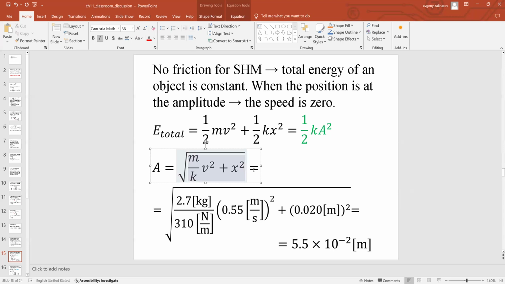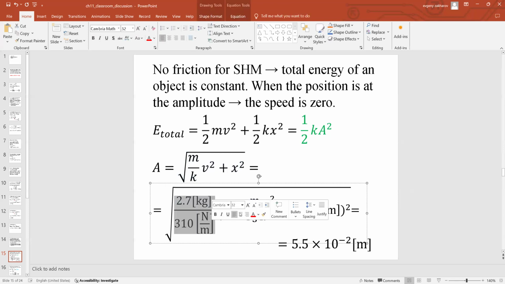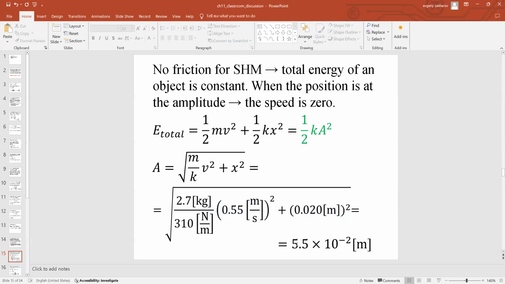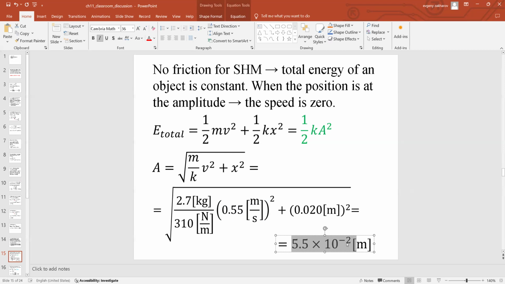So from simple algebra, you solve for a, plug in the values that are given. V is given, stretch is given, everything is given. Boom, you have 5.5 centimeters. Please don't say centimeters. Please convert to System International. Show me the scientific notation.